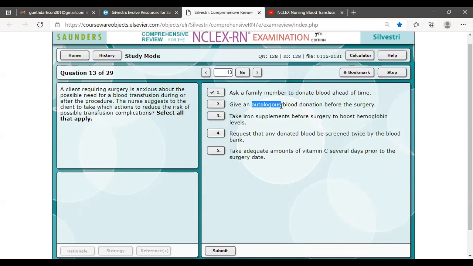So the hospital can withdraw the blood, keep it in a bag, and put this bag in a blood bank, and during the surgical operation, the same blood is given to me. So in that scenario, there is less chance to develop a blood transfusion reaction or adverse effect.